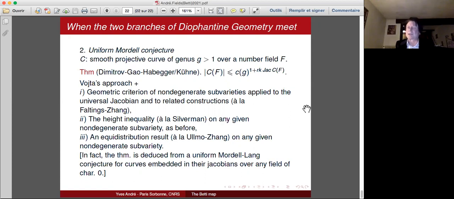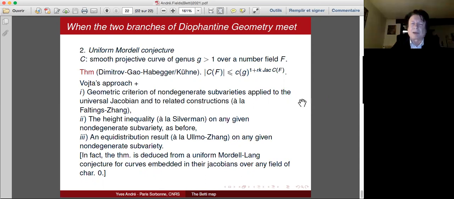So it moves this curve C in a universal family in M_G. But it is not enough to do this. One has to use some well-known construction due to Faltings and Zhang to study what happens to non-degeneracy. In fact, this construction improves non-degeneracy.